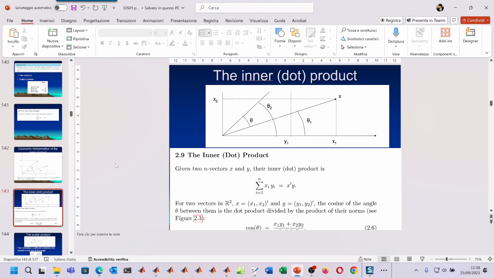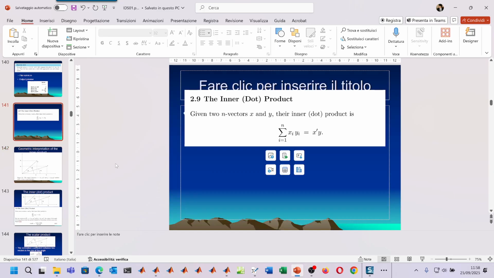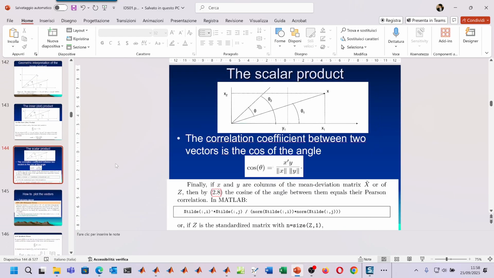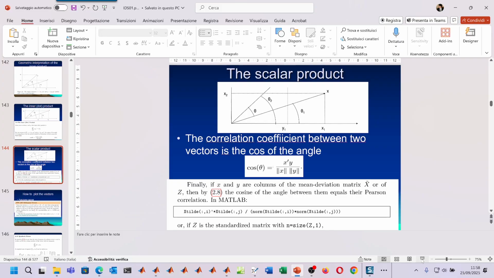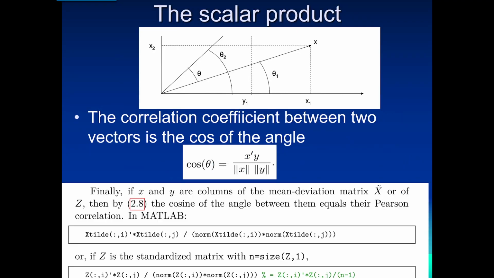But this thing here, the cosine, this is x tilde: the dot product between column i and column j divided by the norms is nothing but the correlation coefficient.